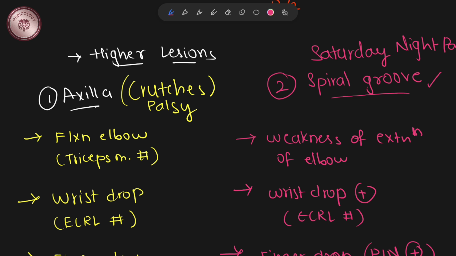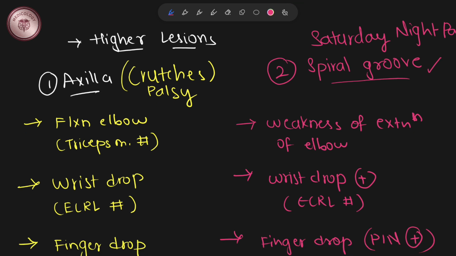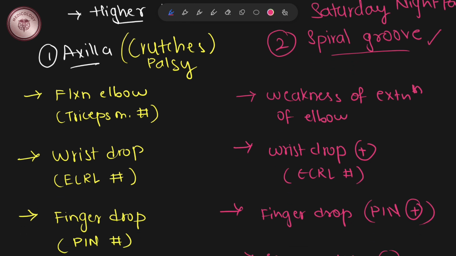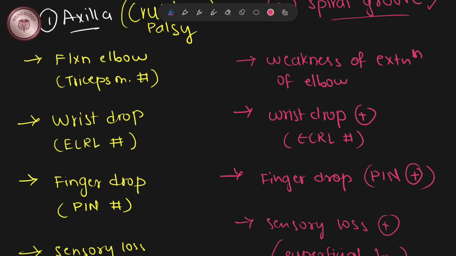People used to celebrate the weekend, Saturday especially. On that day they used to drink the whole night, and they put their arm over the chair, where the spiral groove sits on the chair. Because of that, the radial nerve is injured. So the name Saturday night palsy came from there, at the location of the spiral groove.